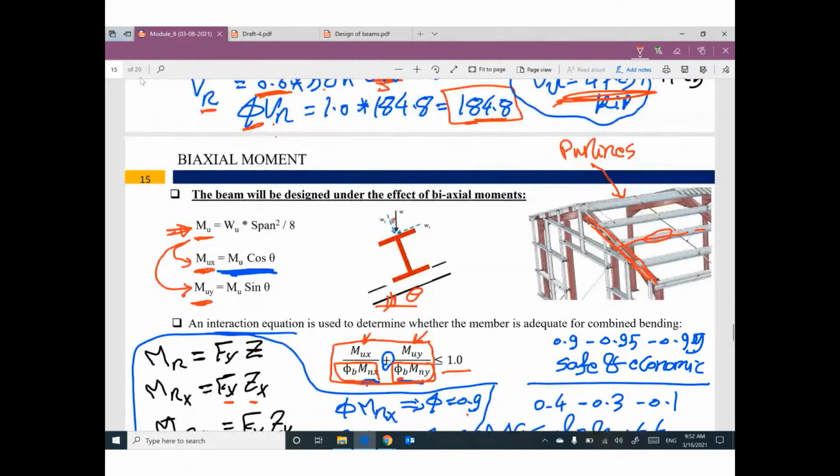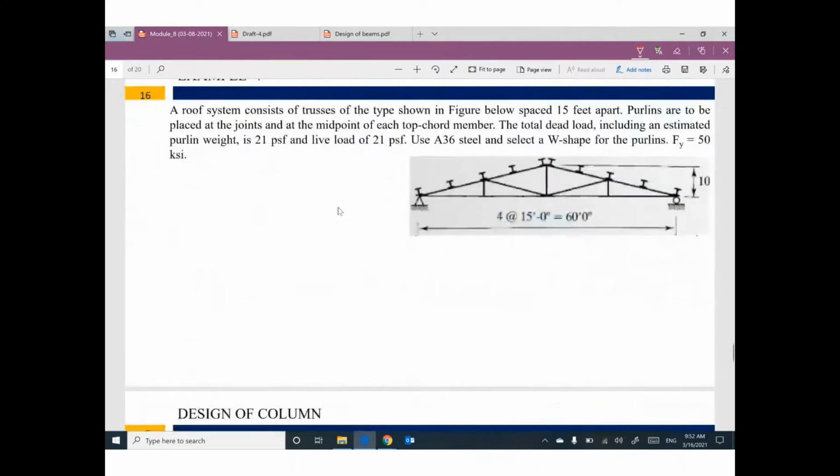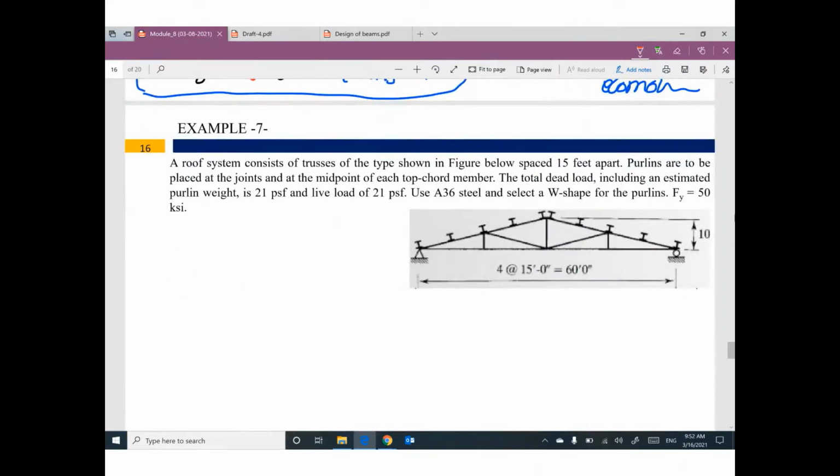Let's do it by this example. We have a truss. The roof system consists of trusses of the type shown in the figure below, spaced 15 feet apart.